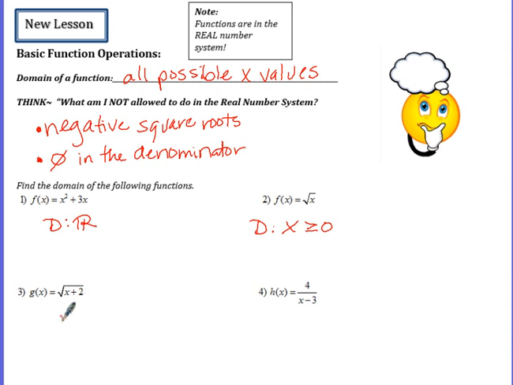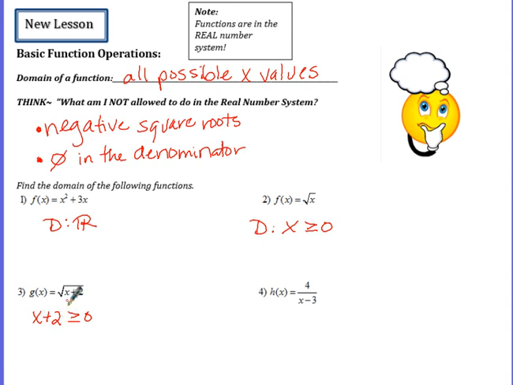Where do we have to force x to be? Just like up here, everything under the root needs to be greater than or equal to 0. We need to have x plus 2 greater than or equal to 0. Otherwise, if x plus 2 is less than 0, we'll have a negative square root. That's not a real number.